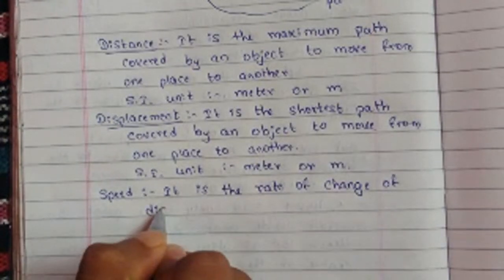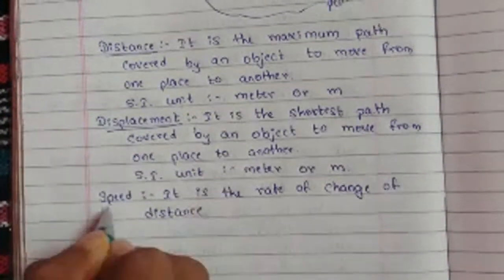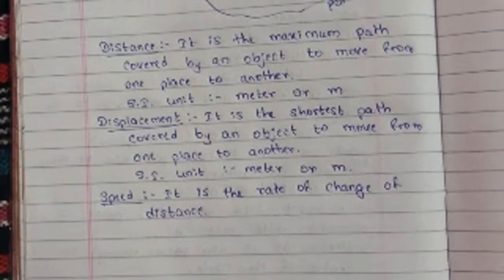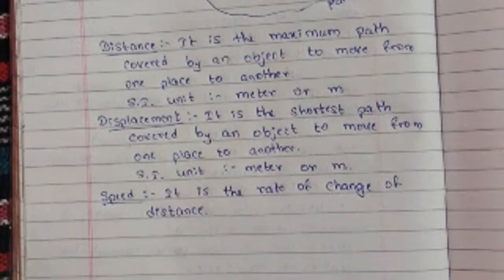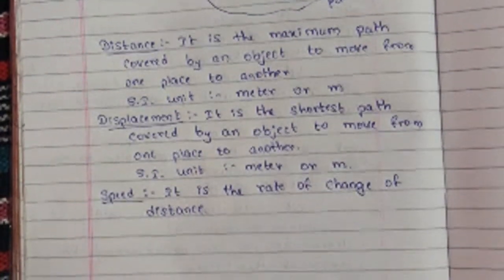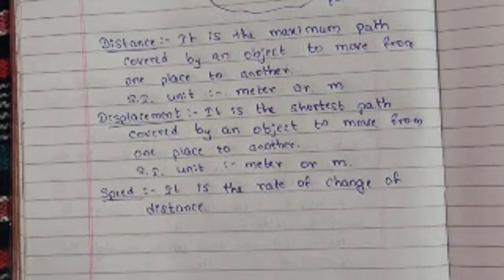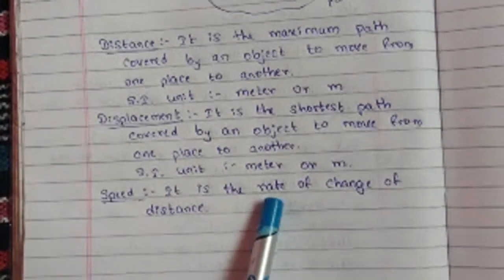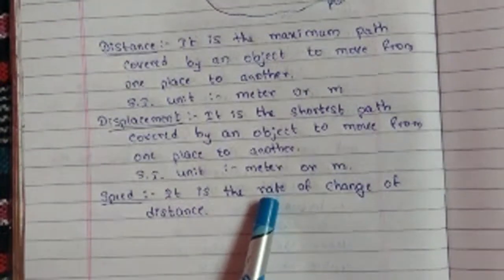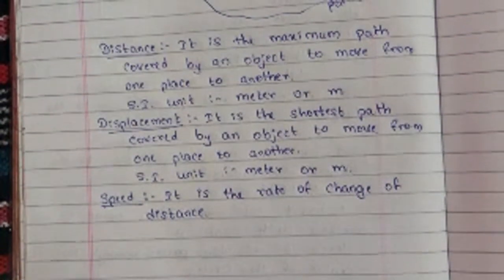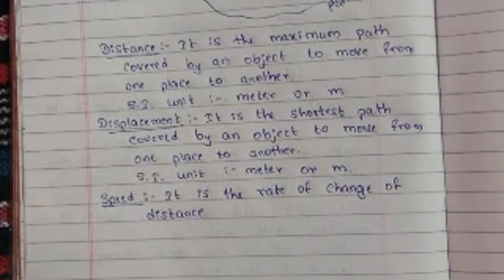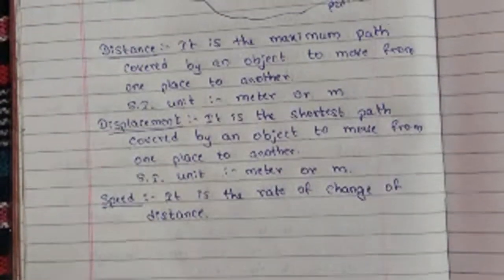Or we can give the definition as the change in the position of the object with respect to time. Instead of writing with respect to time, we can consider directly the rate of change. Rate of change means it is with respect to time. So as time goes, the position also changes.